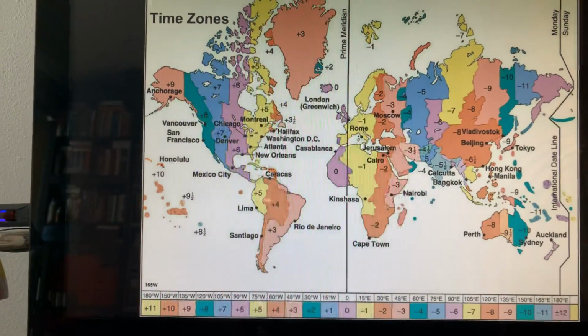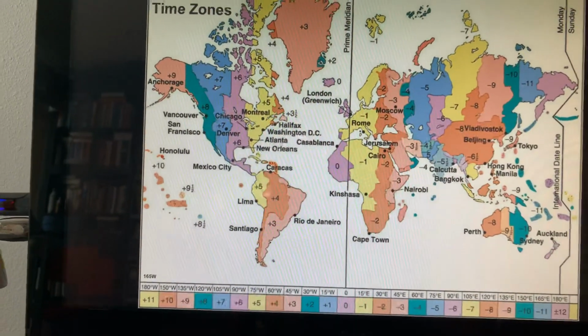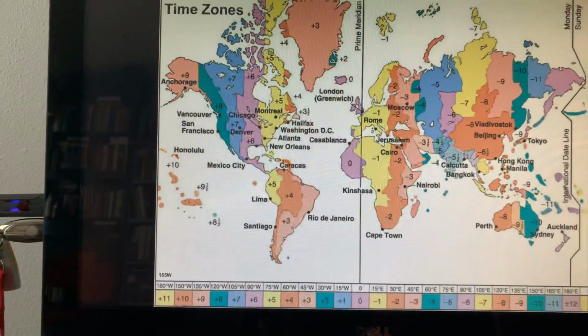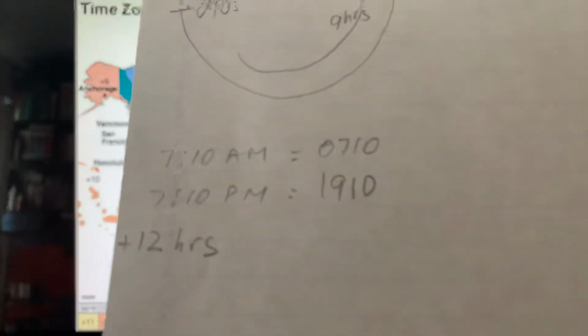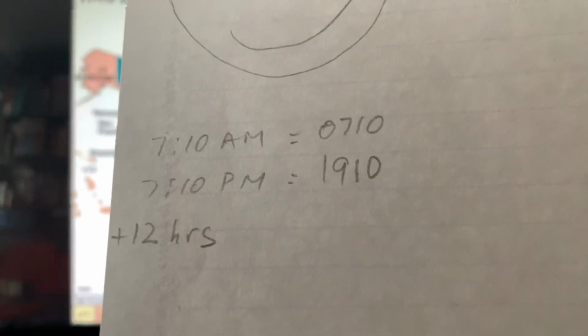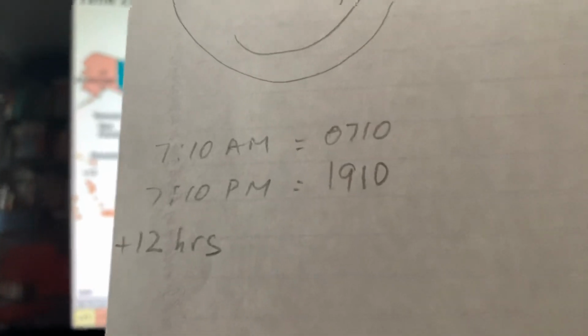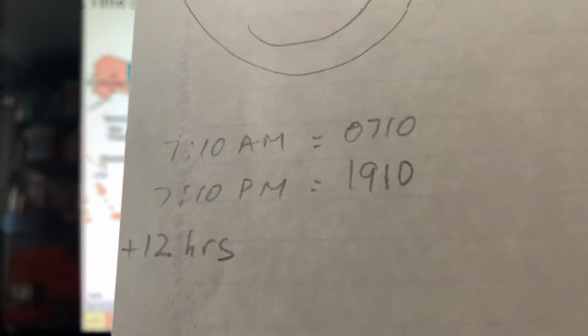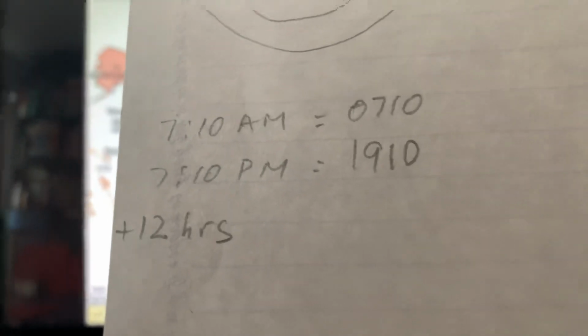But before that, I would like to tell you that we use military time to calculate time, and these are 4 digits. For example, if you have, let's say here, 7:10 a.m., this will look like 0710. The military time actually affects the PM hours. To avoid AM and PM, we use military time.